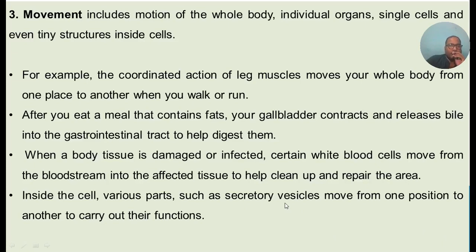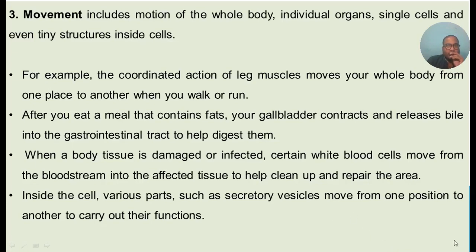There are vesicles which transport substances from one part of the cell to another part of the cell. There are enzymes. There are vesicles inside the cell which move from one place to another place inside the cell. So these are all examples of movement, and with these movements, our body survives and works properly.